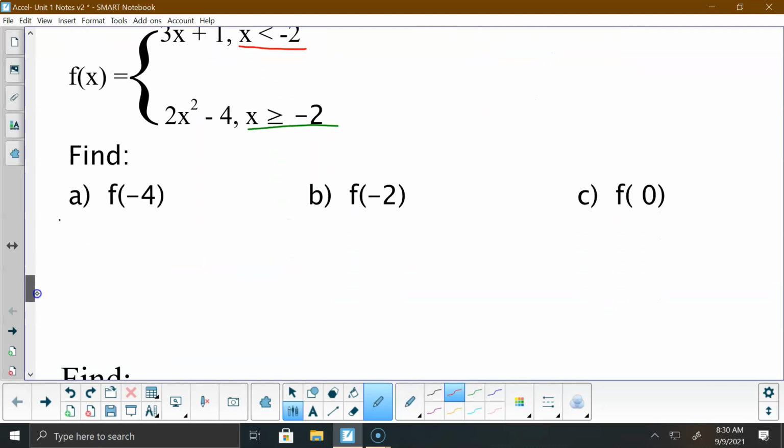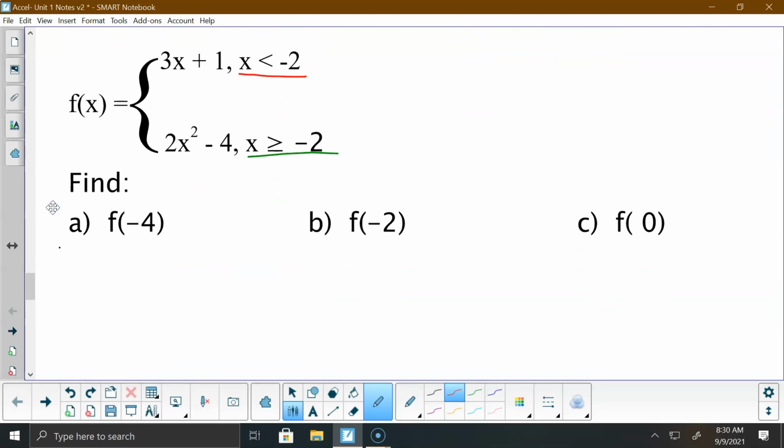So if it's less than -2, I'm using my red function, which is 3x plus 1. Plug in my -4. This always helps in figuring out which equation I need to use. So I've got -12. -12 plus 1 gives me -11.